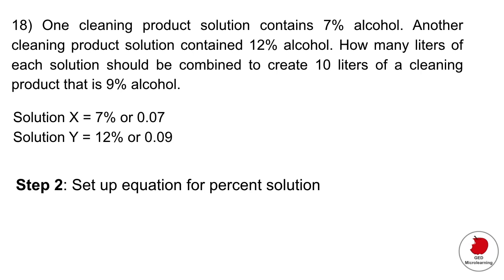That is incorrect. It would be 0.12. So if we set up our equation like this, we would say that 0.07 of solution X plus 0.12 of Y is equal to our final solution, which is at 9%, or 0.09, and is 10 liters.